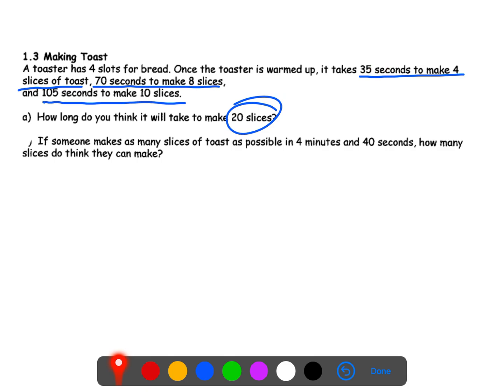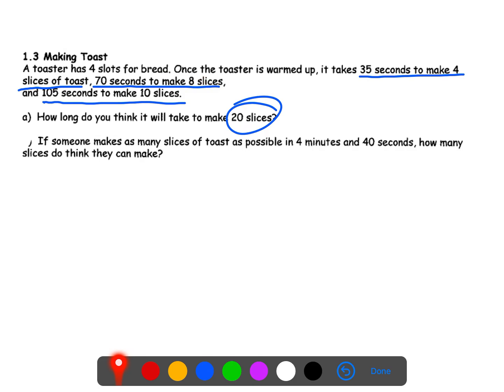The toaster doesn't care that there's only 1 piece of bread in there because it's toasting all 4 slots all the time. So if 4 slices of toast are 35 seconds, it makes sense that 8 slices would be twice the amount of time because you would have to run the toaster 2 times or 2 cycles.